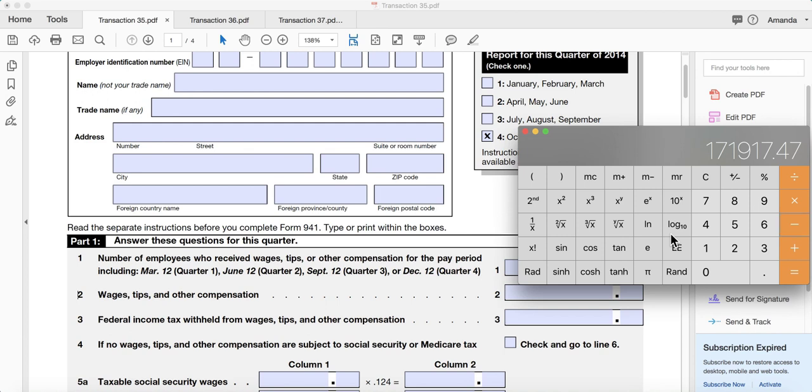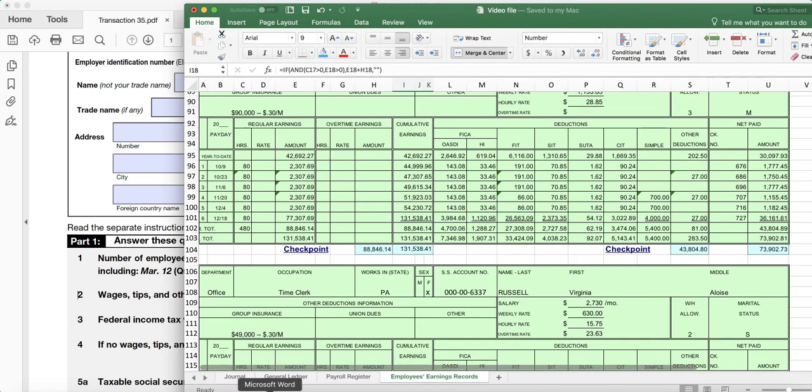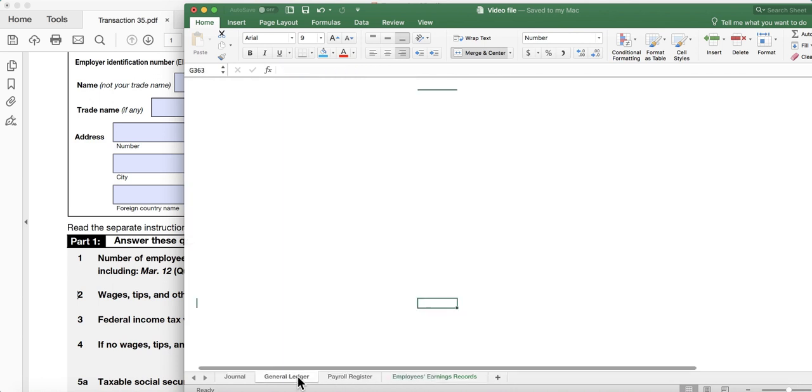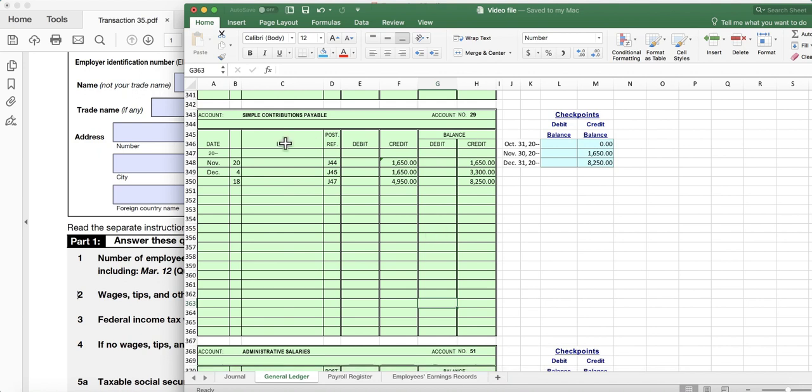We're going to take out the amount paid to Russell's estate. And then we have to take away the amount of simple contributions because those are not taxable. So to find the total amount of simple contributions, we're going to go to the ledger, go to the simple contributions payable account, and look at the quarterly total.